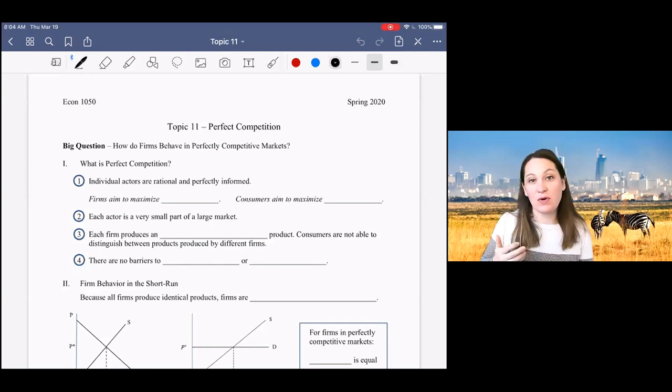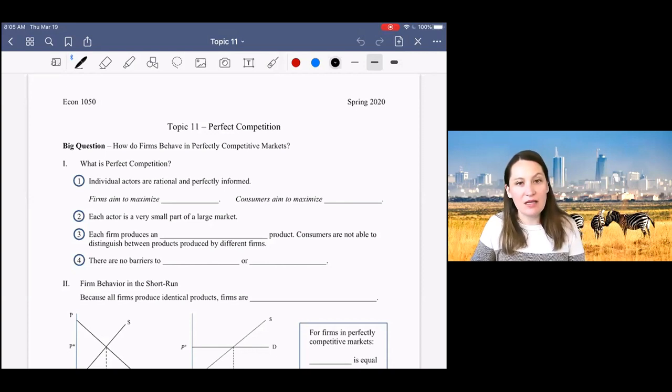The first type of market we're talking about, which we've actually already been talking about for the majority of the course, is perfect competition. Although our assumption all along has been perfectly competitive markets, we haven't really defined what we mean by perfect competition. So that's the first thing we'll do here.